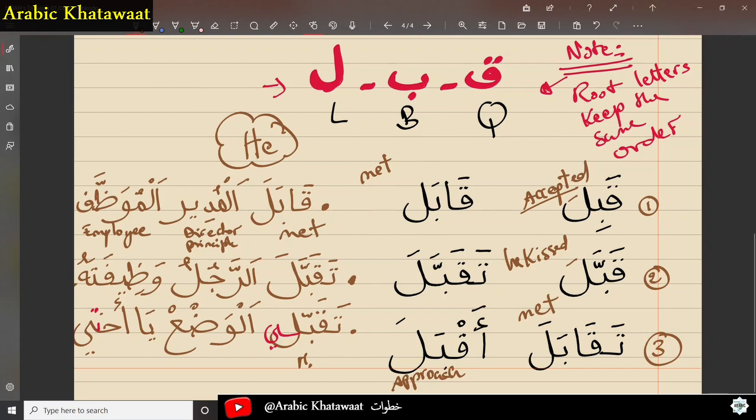If I say the man approached cheerfully, I'm saying that the person is coming forward with a good attitude. So I would say أقبل الرجل بوجه بشوش. And I'll write the sentence right here.